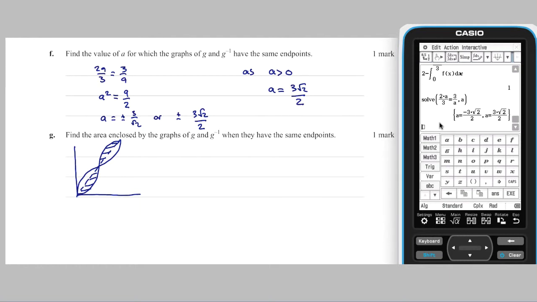The endpoints required for our calculations will be a over 3 and 2a over 3, but as a equals 3 root 2 over 2, these endpoints become root 2 over 2 and 2 root 2 over 2, or root 2.